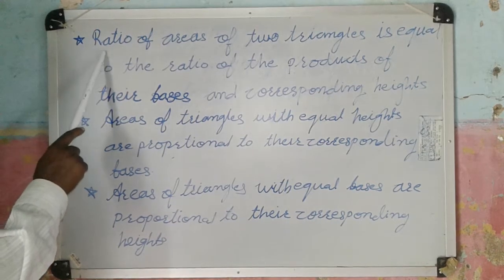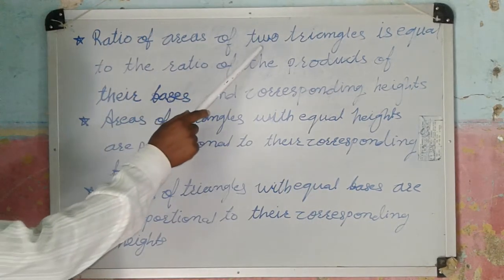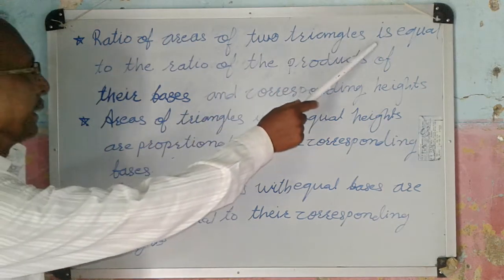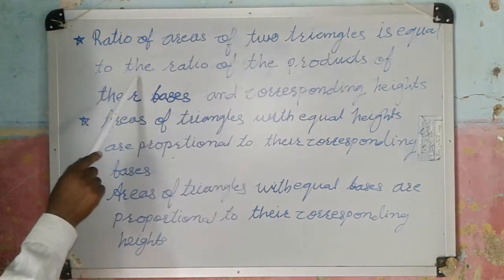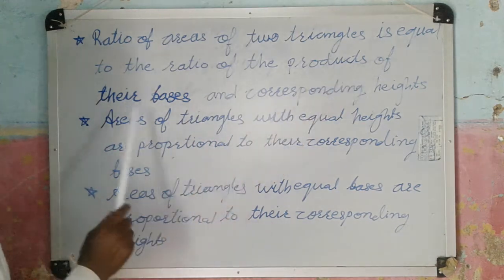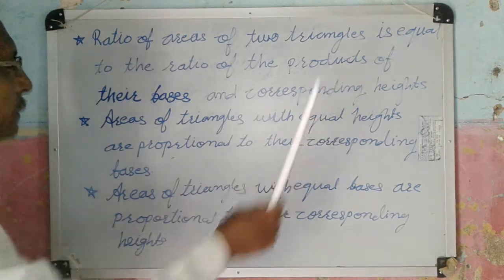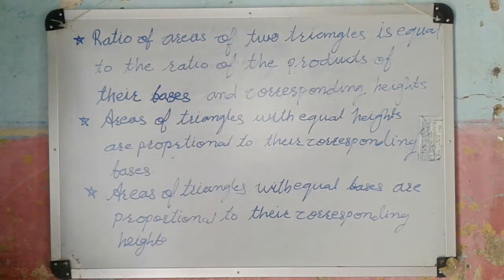Property first. A ratio of areas of two triangles is equal to the ratio of the products of their bases and corresponding heights. This is first property.